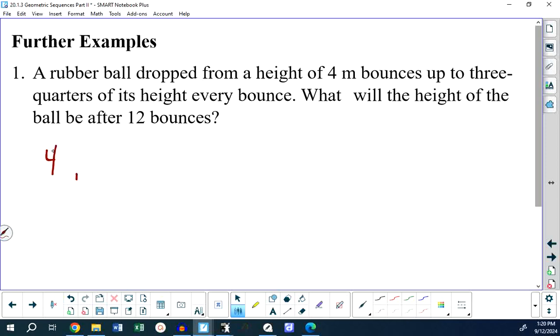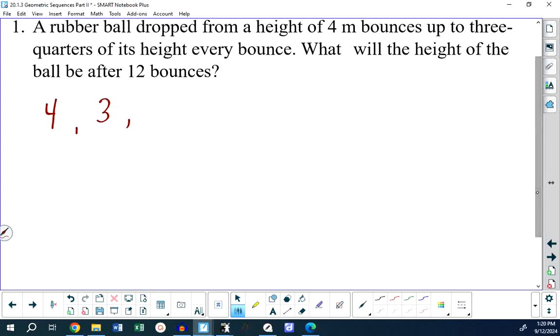Right? It's dropped from a height of 4 meters. And it bounces back up to a height of 3/4 of the height that it fell from. So 3/4 of 4 is pretty easy. It's 3. So here's what the ball is going to do. And even though the ball might be dropped straight down and it just goes up and down, I'm going to draw it kind of spread out horizontally.